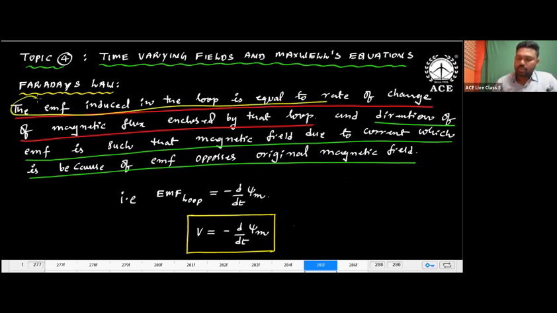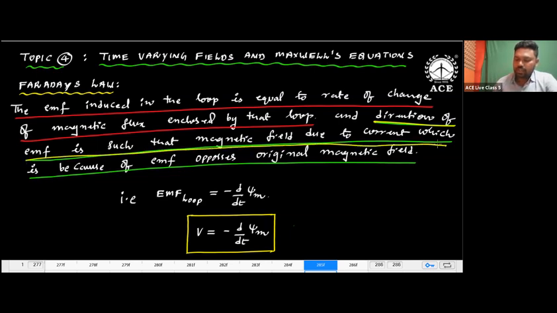The first part of the statement, read out: the EMF induced in the loop is equal to the rate of change of magnetic flux enclosed by that loop. And what is the second part of the statement, beta? The direction of EMF is such that the magnetic field due to the current, which is because of the EMF, opposes the original magnetic field.